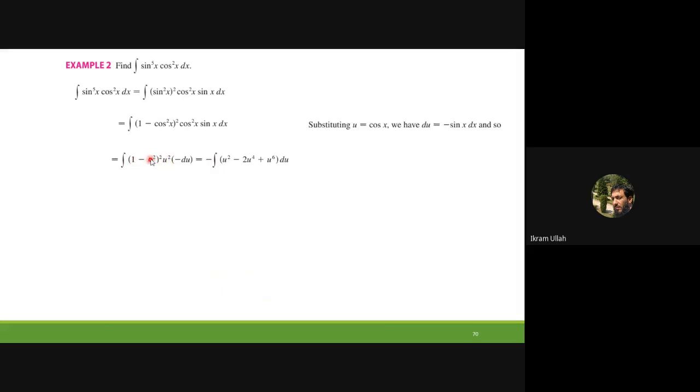Simplify this: open the square and multiply by u square. This will become minus the integral of u square minus 2u to the power 4 plus u to the power 6 into du.